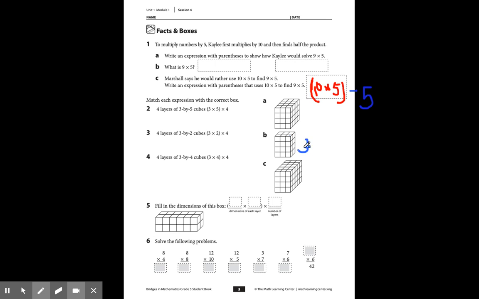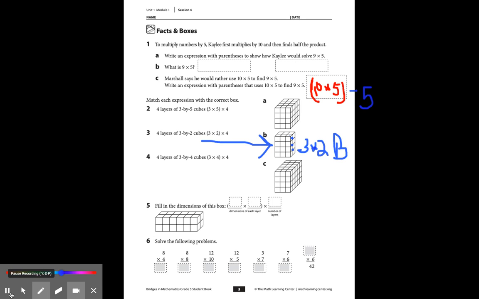So I'll write that. 3 by 2 on the base. And then you add a second layer, and a third layer, and a fourth layer. So it's 4 layers of 3 by 2. Boom. Can you figure out the other ones? You can pause it and go ahead and do that if you'd like.